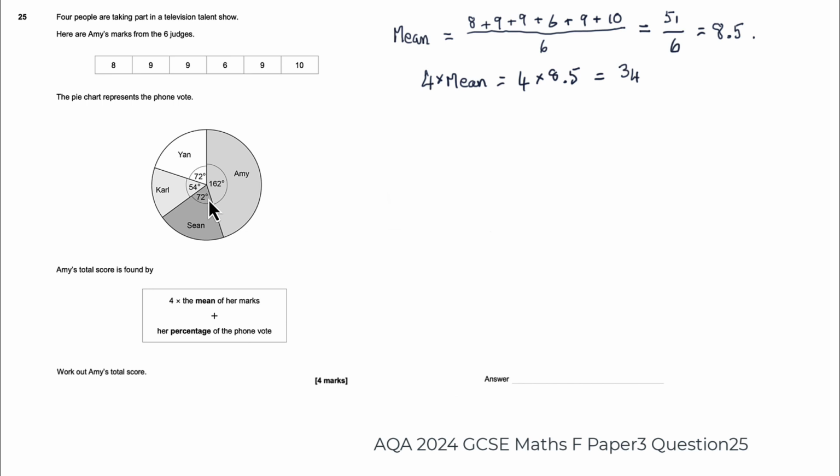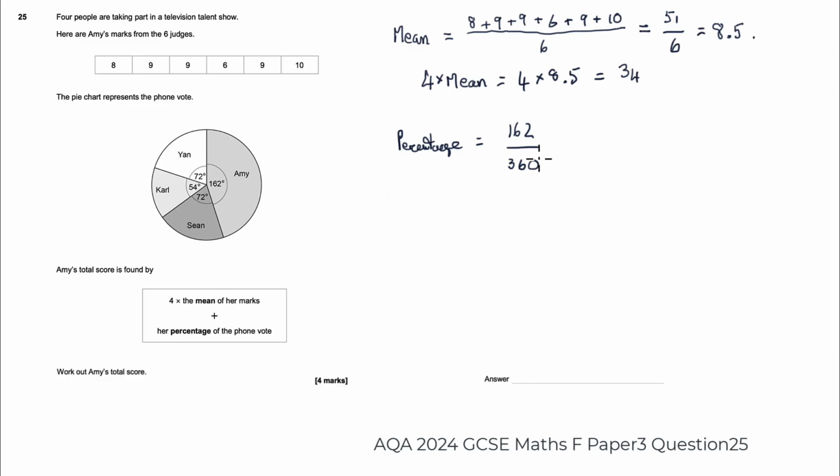So her slice of the cake is 162 degrees of 360 degrees. So her percentage would be 162 out of the total possible degrees round there, 360.